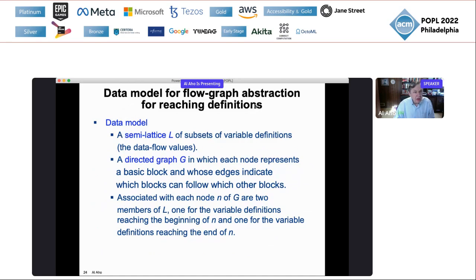Together with the semi-lattice, there is a directed graph in which each node represents a basic block of the intermediate representation, and the edges indicate which blocks can follow which other blocks. And associated with each node of the graph are two members of the semi-lattice, one for the variable definitions that can reach the beginning of the node, and one for the variable definitions that can reach the end of the node.